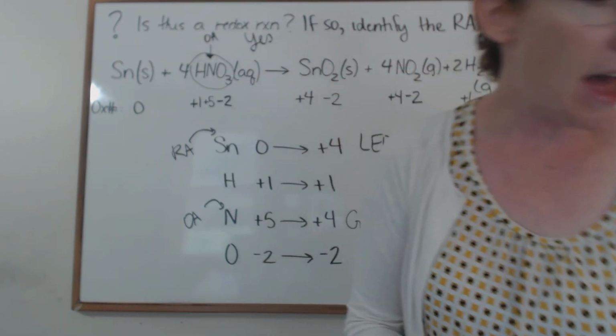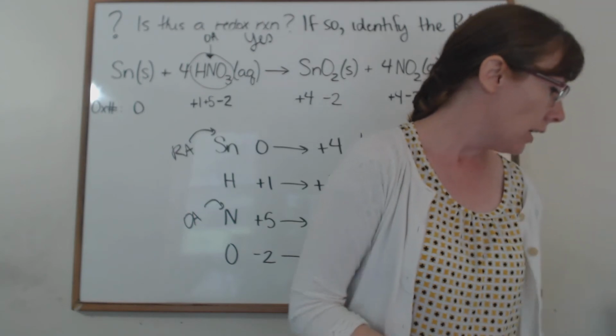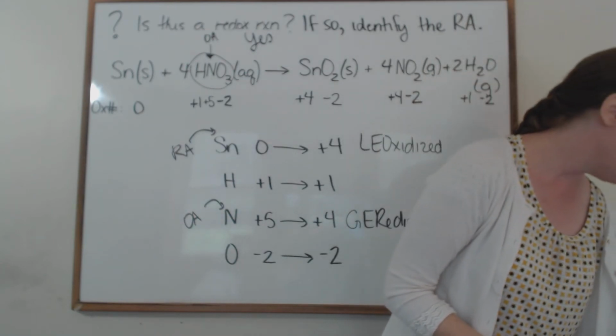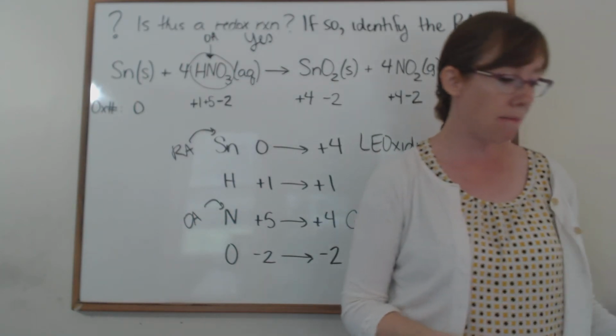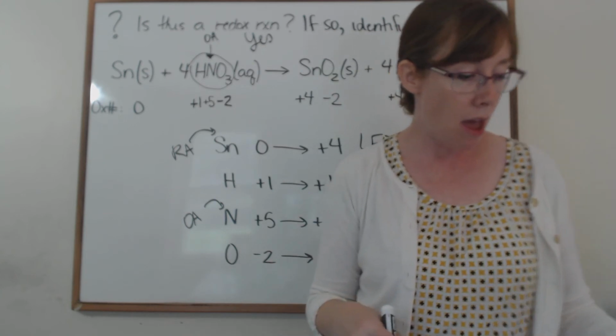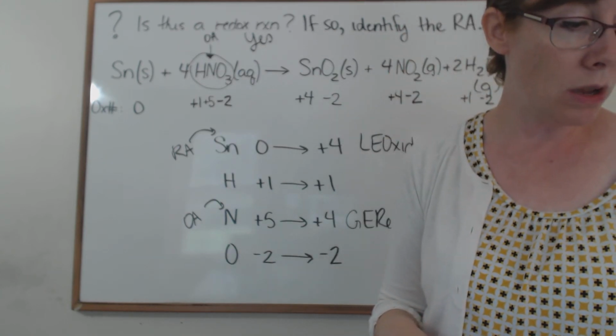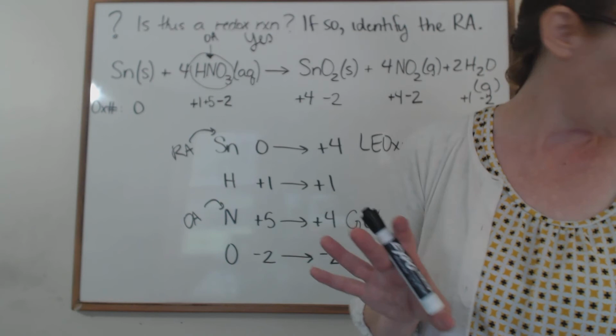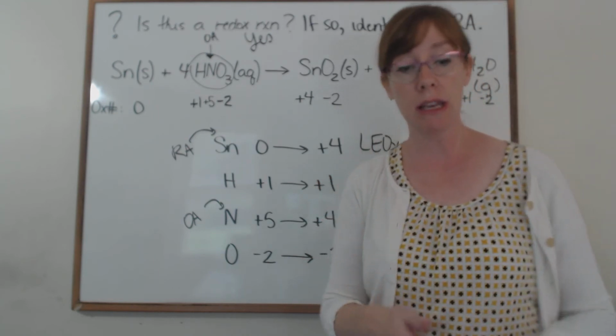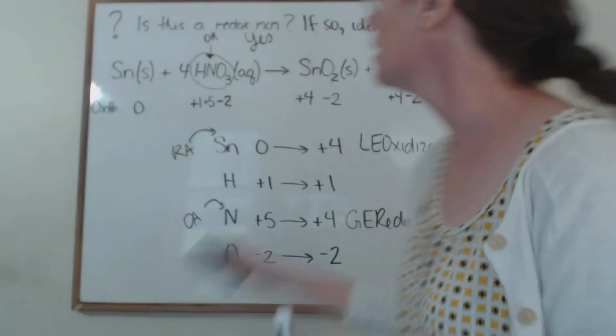All right, that is redox reactions. So we'll have more practice with that in other ways in the book and whatnot. I am going to call that it for the redox reactions and move into combustion reactions.